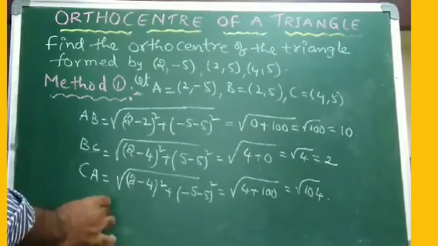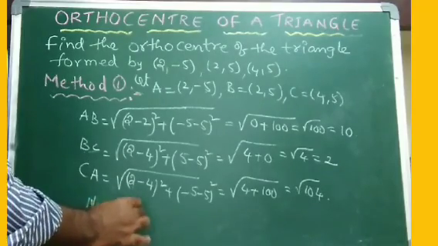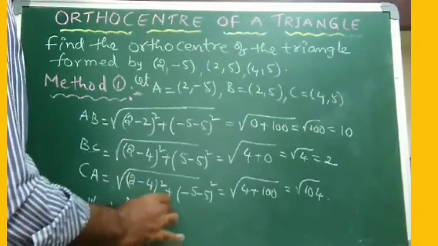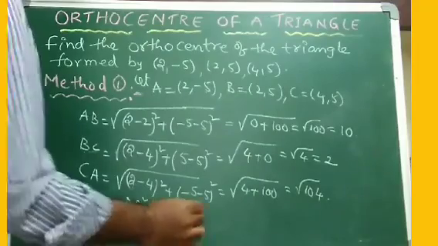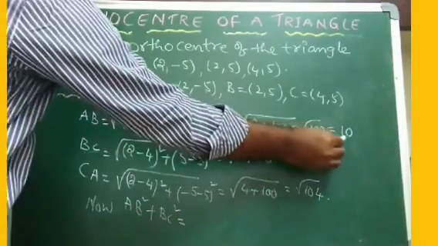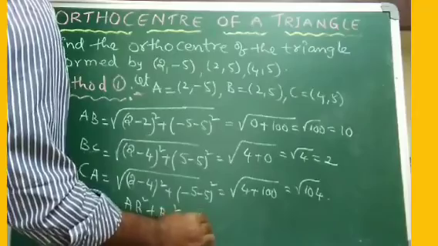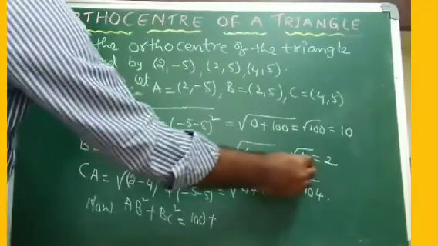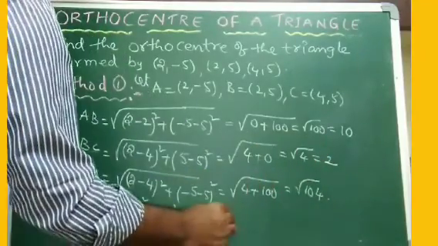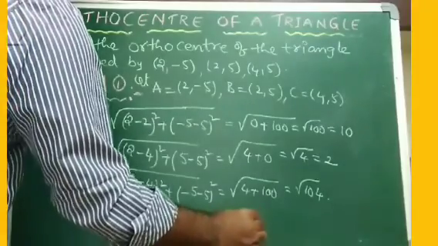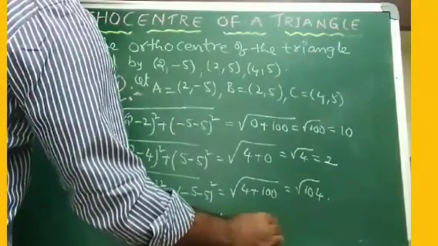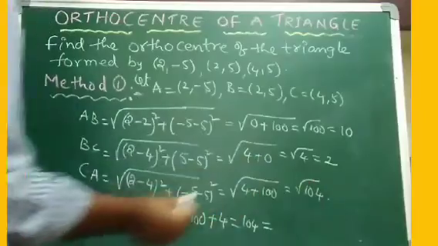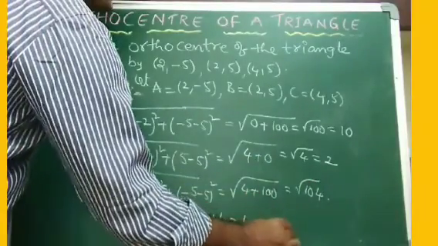Now please check AB square plus BC square. AB square is 10 whole square, which equals 100, plus BC square, 2 whole square, which equals 4. We get 104. 104 is nothing but the square of AC.